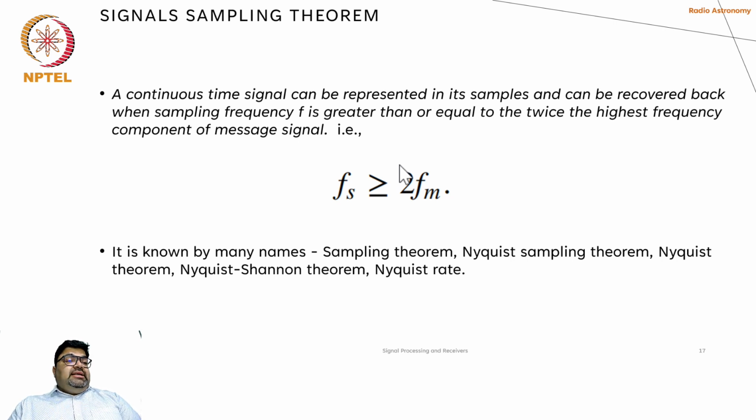Now, what should be the rate of discretization? At what frequency should we do it? The sampling theorem, or Shannon-Nyquist sampling theorem, says that the rate of sampling should be greater than twice the highest frequency available in the signal itself.